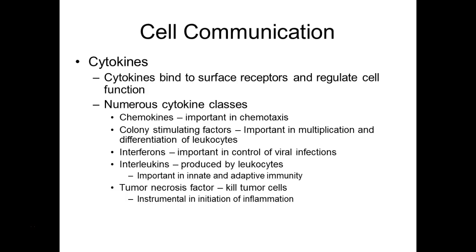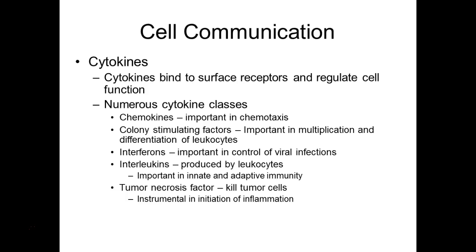In our bone marrow, where all our red blood cells and all our white blood cells are made, there are stem cells that can generate any one of those cells. How the stem cells know what cells we need at any particular time is due to colony stimulating factors. This is a whole set of cytokines that specifically tell the stem cells we need lymphocytes right now, or specifically B lymphocytes, or neutrophils, or macrophages.